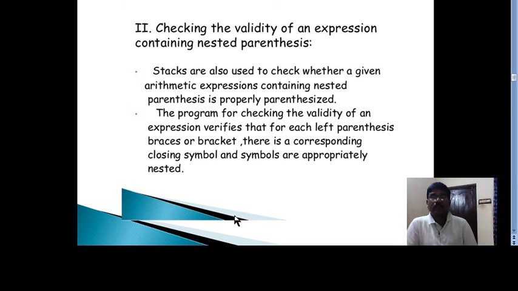So to check whether a nested expression is valid: when reading the string from left to right, whenever you get a left parenthesis, place it into the stack, push it.